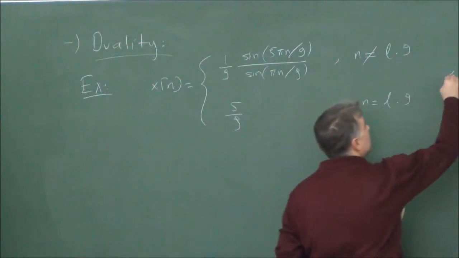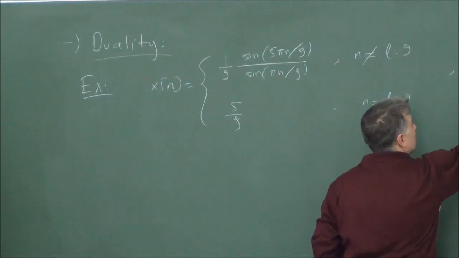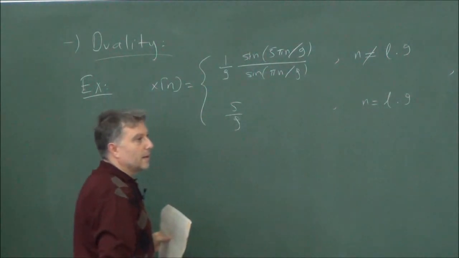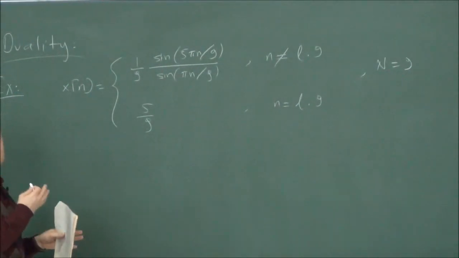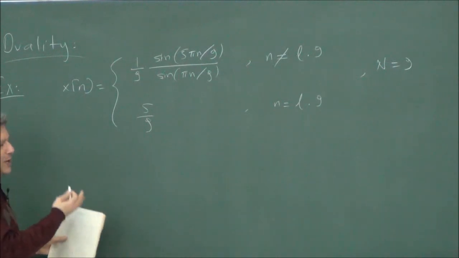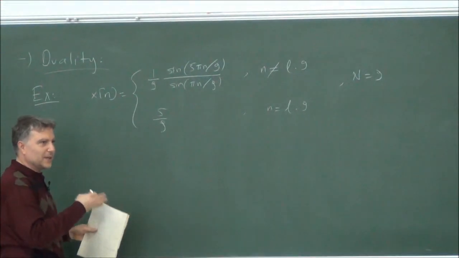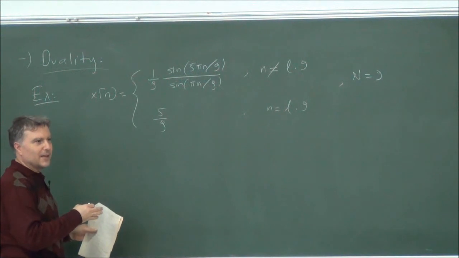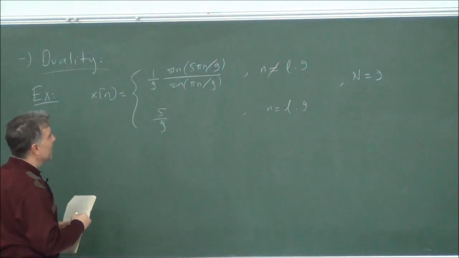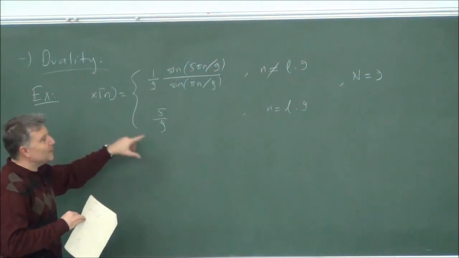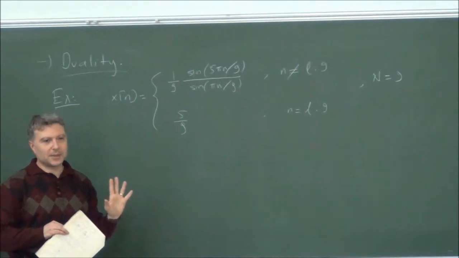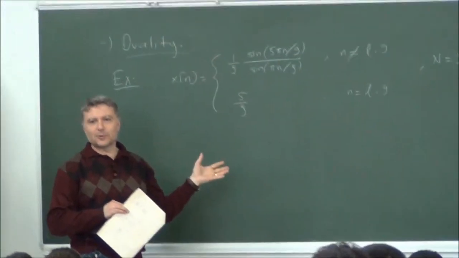So the period here is 9. As you see, it is a deliberately fabricated question. It's quite difficult to fabricate examples of duality, and it already looks like the Fourier series coefficients of something. Okay, that's what you have to be looking at.